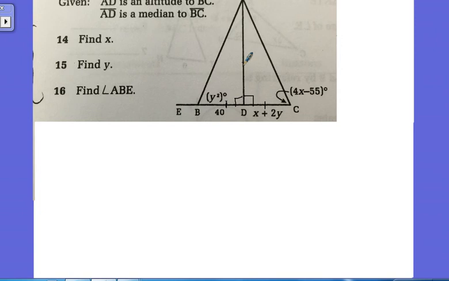So we know side angle side, these are congruent triangles. Since they are congruent triangles, we know through CPCTC that these two angles are congruent.